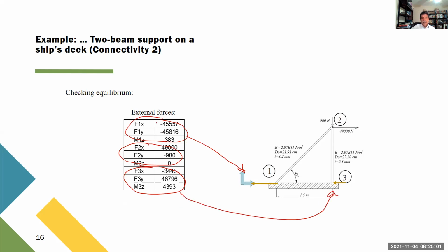In this case, this force points in the negative global x direction. That's what I'm showing to the left. And this value, which is much smaller than that one, in the third joint, is also negative, so it points to the left. We can remind ourselves, this is the global reference system like this.